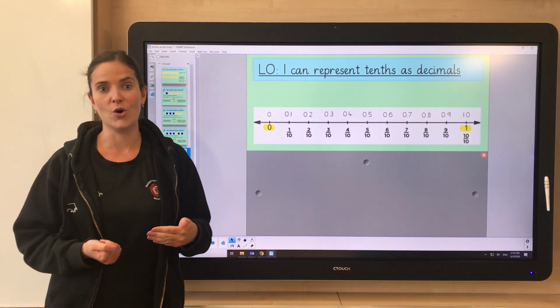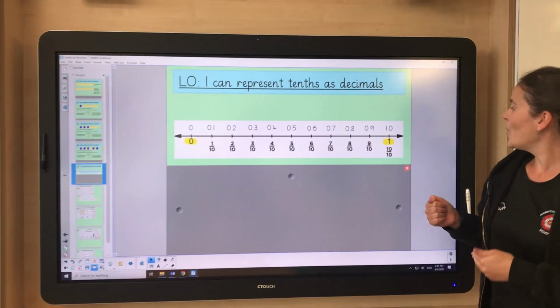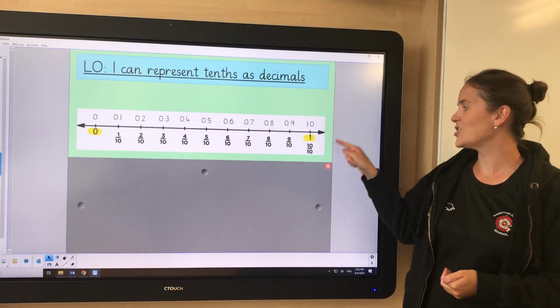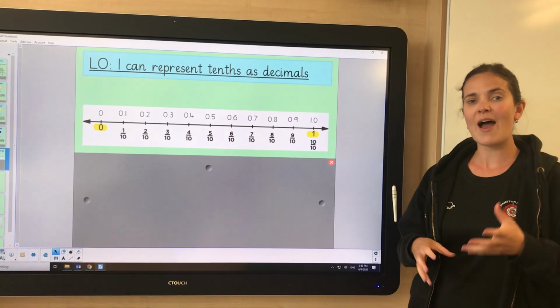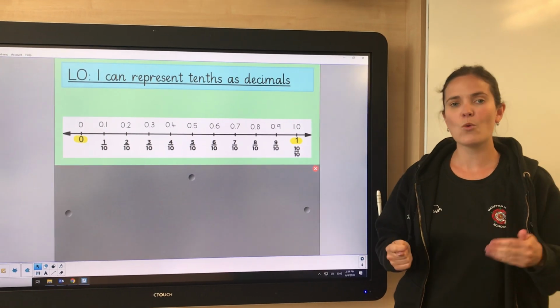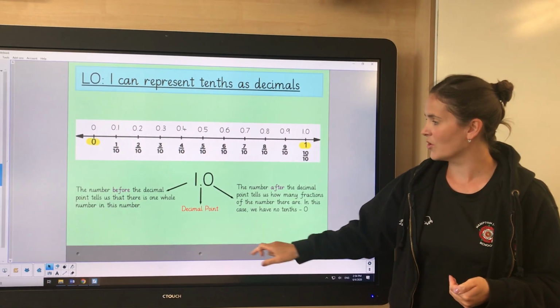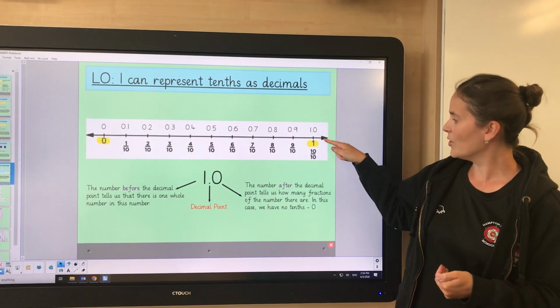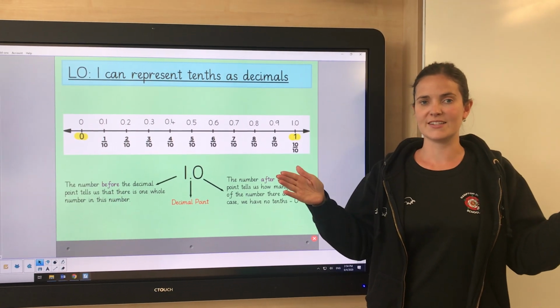All the way along. When you get to 1 whole, which is 10/10, we have a slight change to our decimal number. You can see here, it is now 1.0. This is because now we do have the whole number represented.